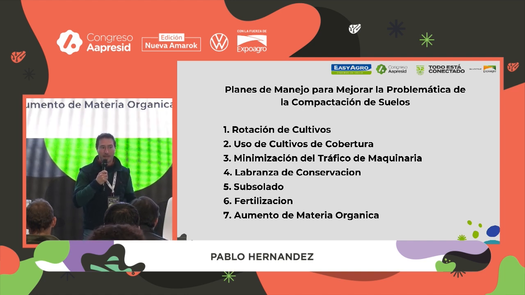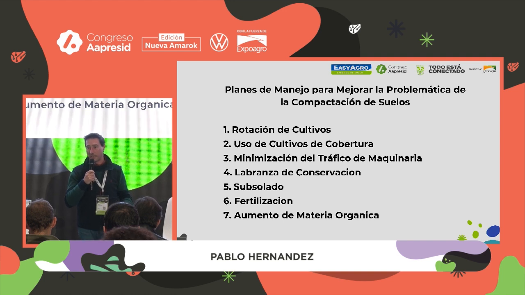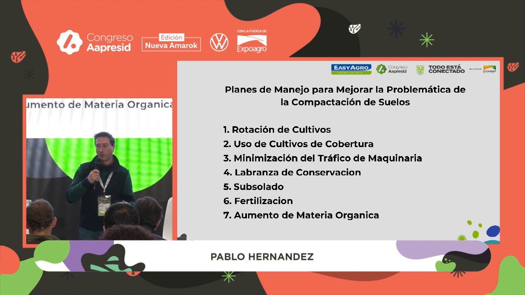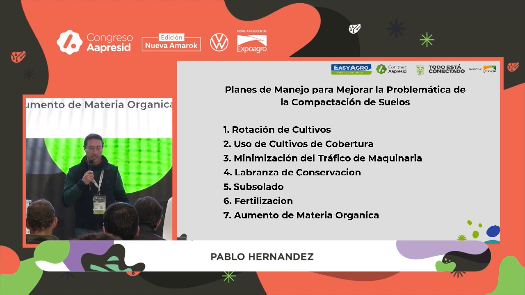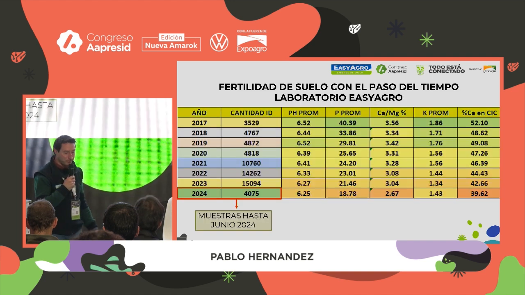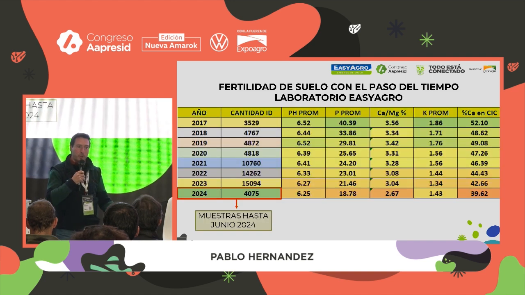So if you decide to mechanically correct that without doing the chemical correction when we have that problem, in the short term, you'll go back to the same problem. We see when it comes to soil degradation or lack of fertilization, so the right management of fertilization, the rotation of crops, and the adding of organic matter will help with compacting.